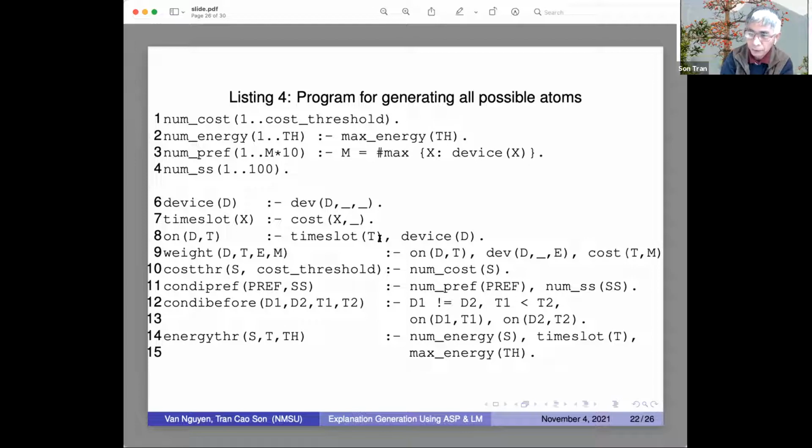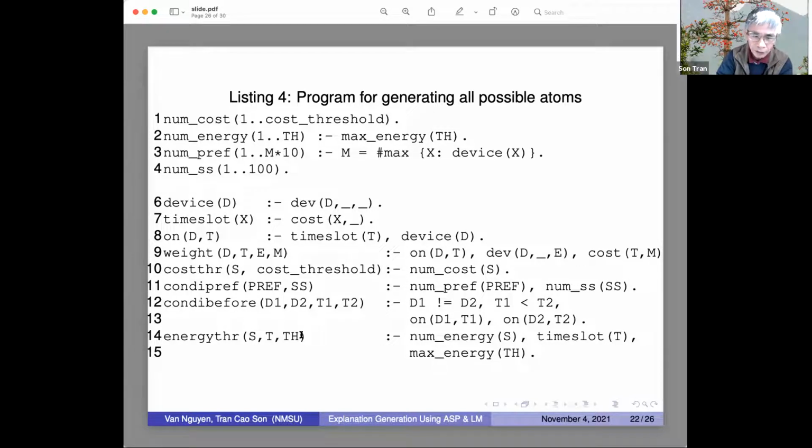We don't really need to generate all of the atoms that it represents when we have this maximum energy threshold like 100,000. We can use like 50 or 100 only. We don't really need the whole lot of that, right?